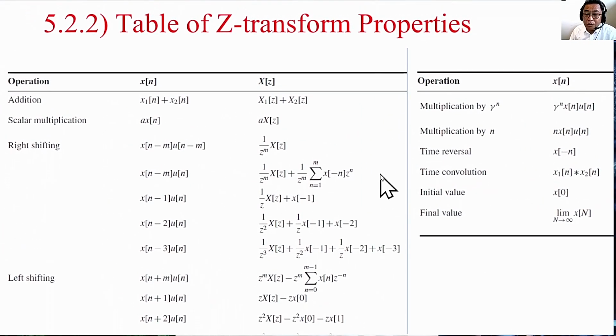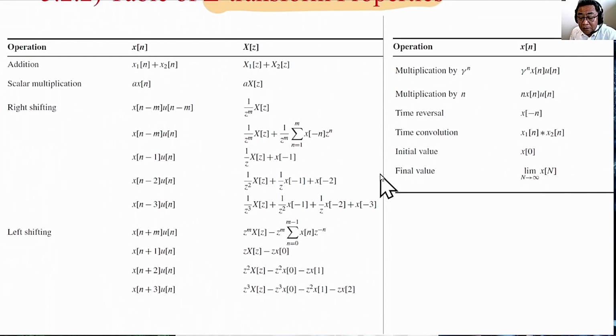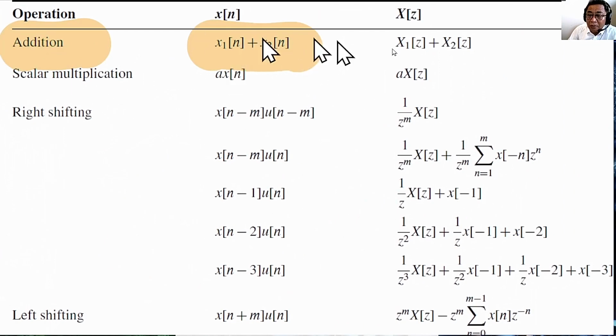With the Z transform pairs, we now go to the Z transform properties. Here we just overview what the properties are, and we will do some proofs later on. Z transform is a linear operation. That means when we have x1[n] plus x2[n], the Z transform can be obtained individually as the Z transform of x1[n] plus the Z transform of x2[n].